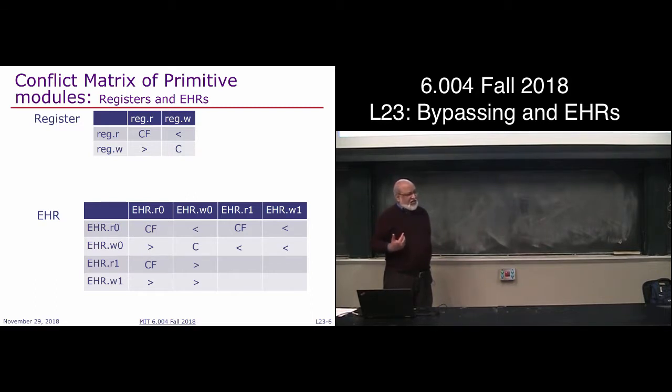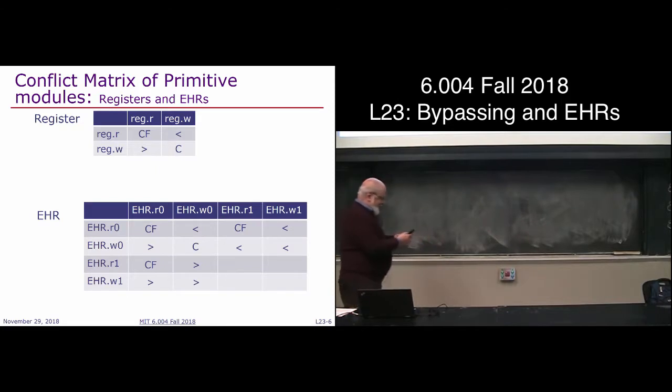You are not seeing it right now. I'm looking at this entry: if you are reading something here and writing in W1, you won't see it right now. You'll see it only in the next cycle, so that's why it's less than.